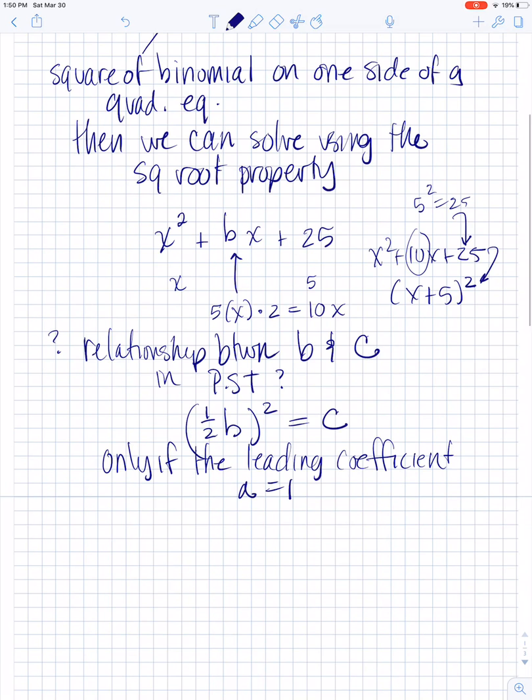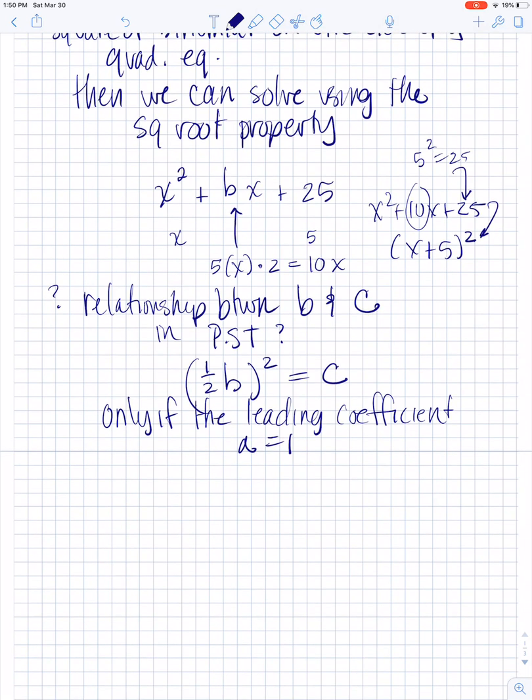All right, so let's just think about that for a second. Can you tell me what we must put in here? So I have x squared minus 8x. What must c be in order for this to be equal to a perfect square trinomial? Okay, so we notice that a equals 1. Check, our leading coefficient is 1.